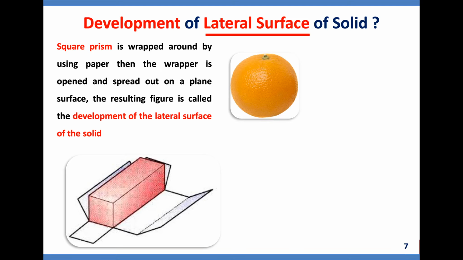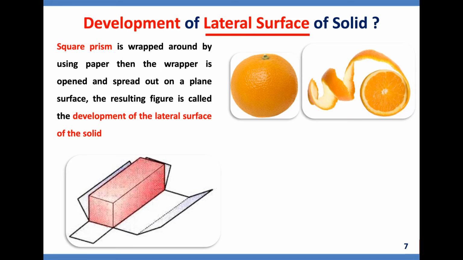Yes, I have taken a general example, a fruit. Outside cover is there, inside fruit is there. I took this example to make you understand what is lateral surface, what is solid. Inside fruit is there, which is solid, outside cover is there. That we call lateral surface. Here you can see I am removing the skin, which we call lateral surface.